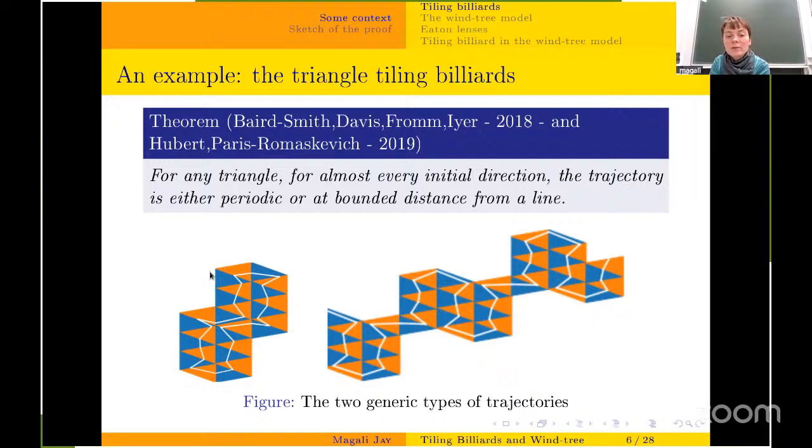With this quadrilateral, you can tile the plane and play the tiling billiard in this plane. The result is that for any triangle, for almost every initial direction, the trajectory is either periodic, like that, or linearly escaping. So you have a direction, and the nth step is approximately n times the direction. The error is bounded.